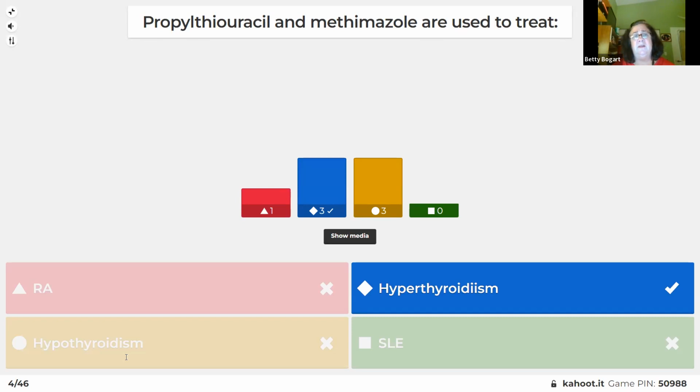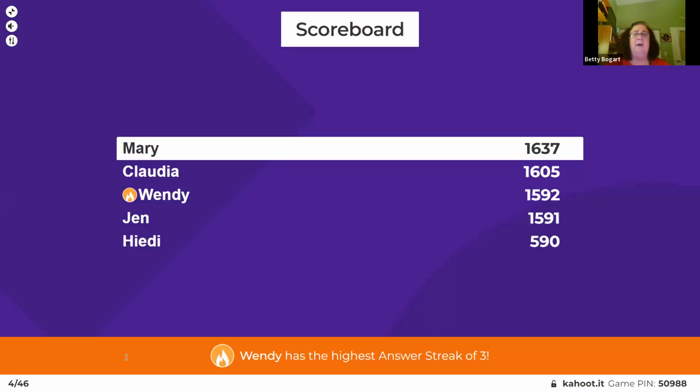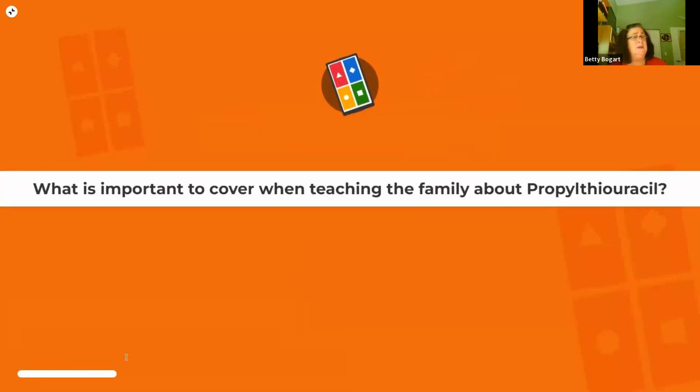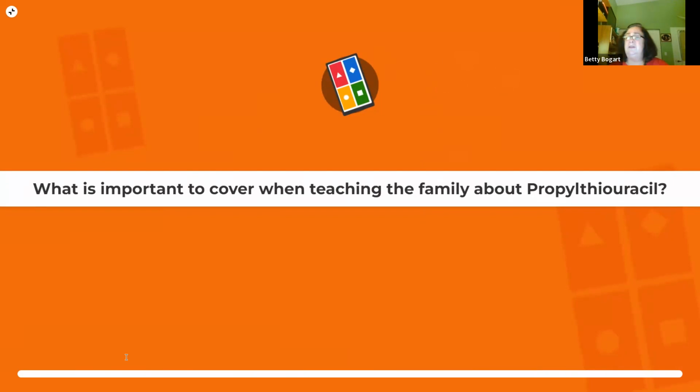One of the things that we need to teach our patients on these hyperthyroid medicines, especially PTU, is that it can cause neutropenia. So if the child becomes sick, getting fevers, they need to talk to their physician about it because the medicine can do it. So what's important to cover when teaching that family about PTU?